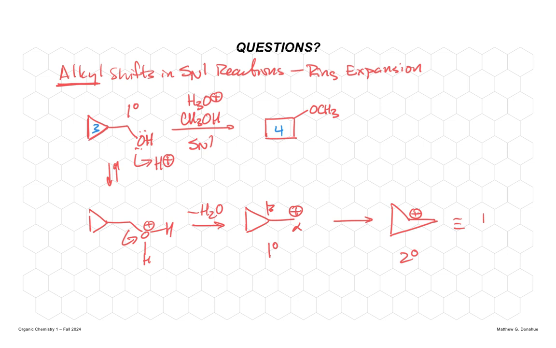Let me draw it without moving too much stuff around. That's equivalent to a square, cyclobutane. So now it's a secondary carbocation, and then that can get trapped by the solvent. We'll just use water for the acid-base reaction.